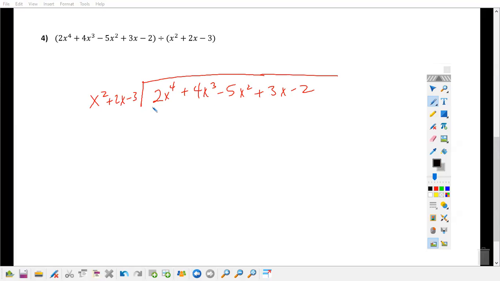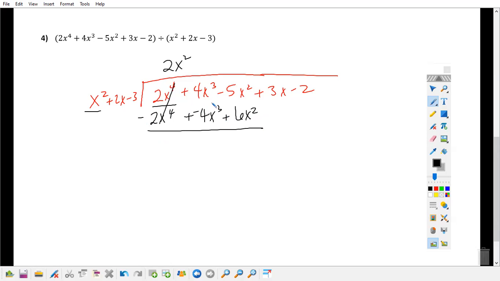All right, you divided 2x to the fourth divided by x squared, which gave you 2x squared. Then you multiply and you got 2x to the fourth plus 4x to the third minus 6x squared. Then we subtracted, changing all of our signs.